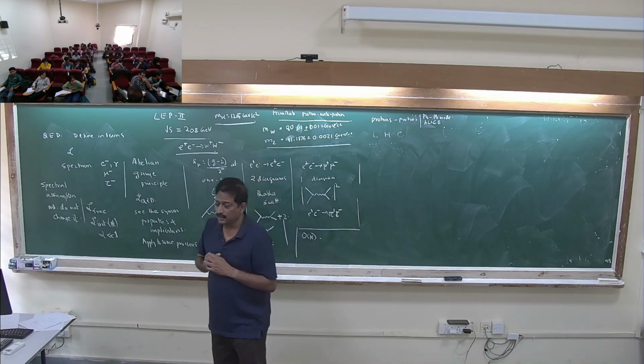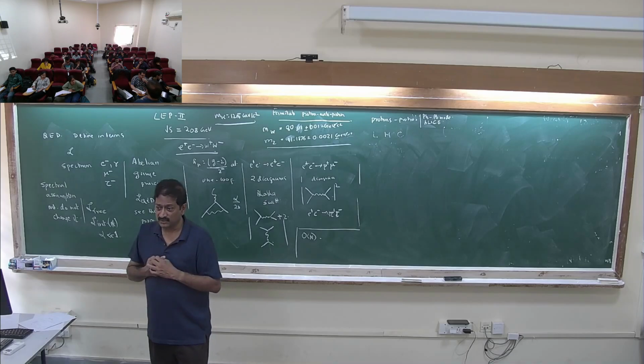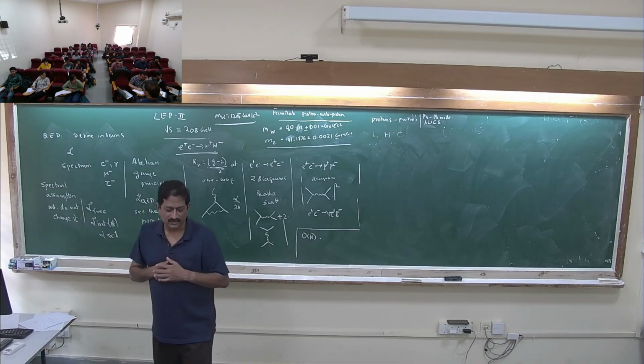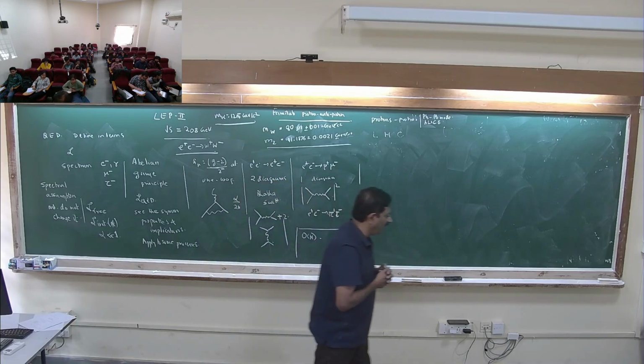The famous SPS collider, which discovered the W and the Z in 1984, had experiments called UA1 and UA2, UA1 meaning underground area 1. They had stupid sounding names, but that's the kind of names they had.